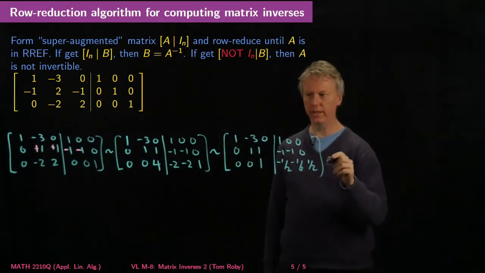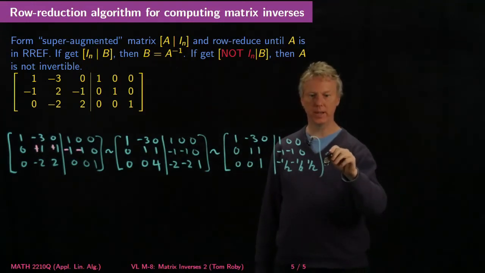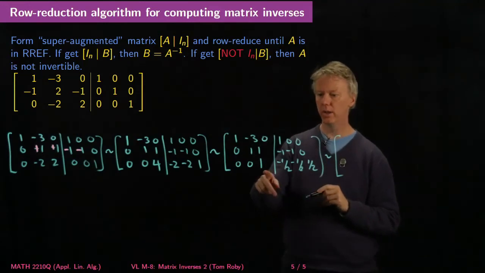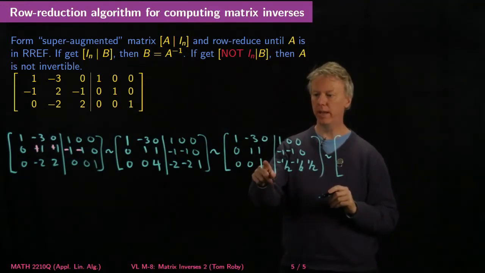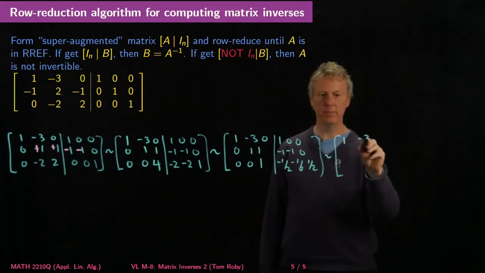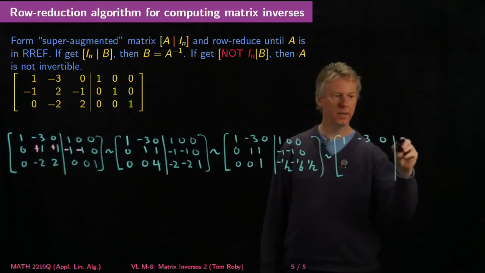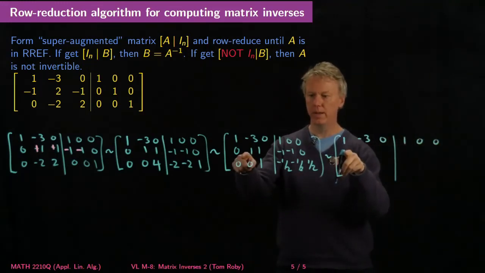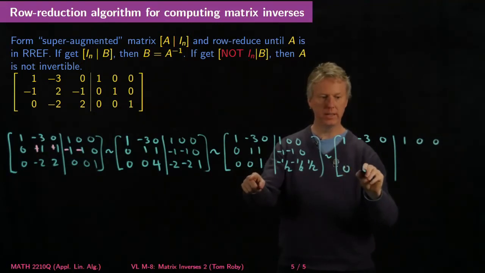Okay, now things aren't lining up so well, but I'll try to do a better job next time. All right, so now what's the last one that I can fit on this row? I'm going to multiply by negative 1 and add here to zero this guy out. Okay, so top row stays the same. I need to leave more space, even though it doesn't look like it at the top. Now, this row is going to stay the same.